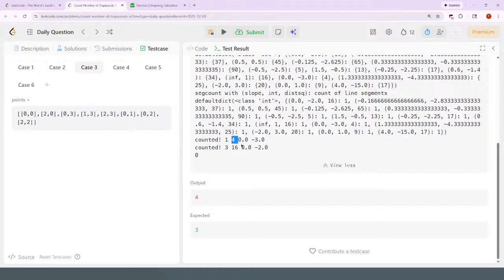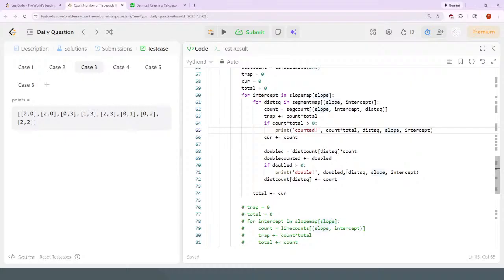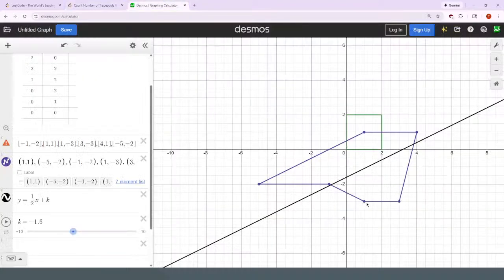Ew. Why is it only increasing by 1? Actually, that's right. Yeah, that's right. So this is like comparing this thing to, I think, this thing.